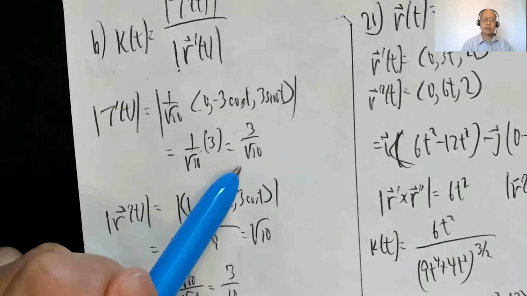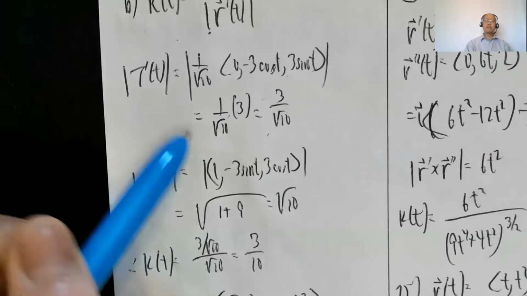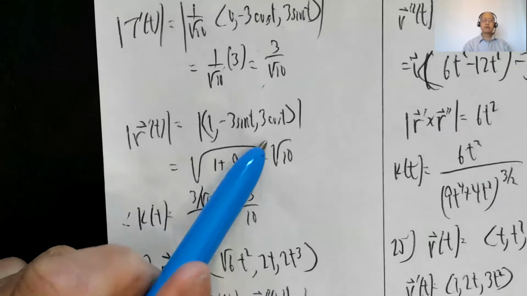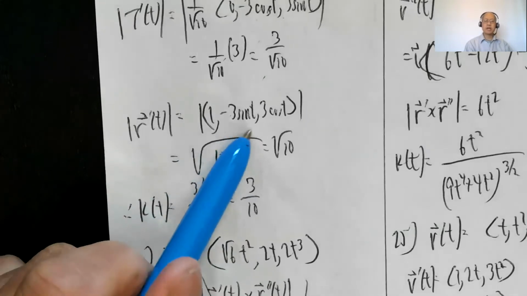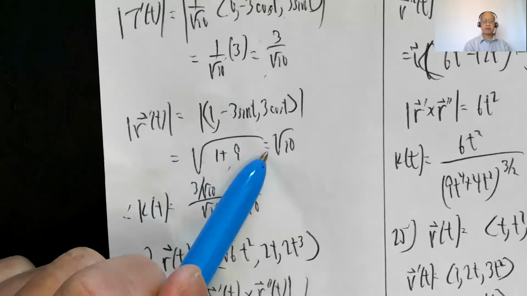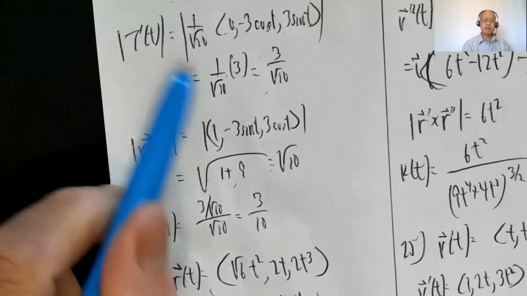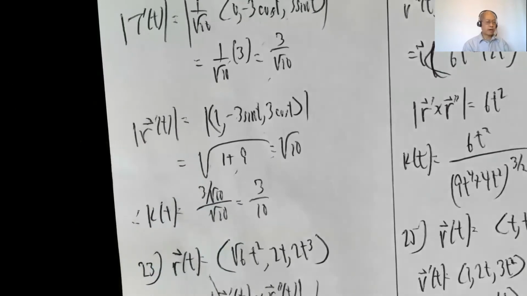So 3 over radical 10. Magnitude of r prime was 1, negative 3 sine t, 3 cosine t, which is radical of 1 plus 9 cosine squared plus 9 sine squared, which is radical 10. So therefore, kappa is this thing, 3 over radical 10, divided by this thing, which is radical 10. Final answer is 3/10.